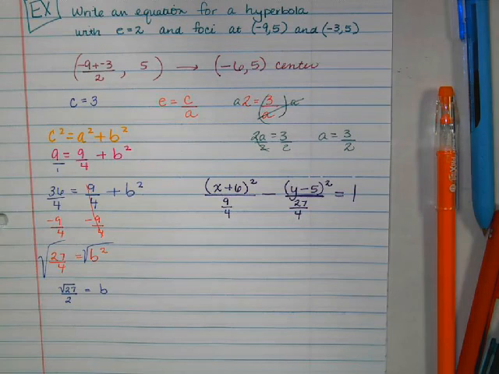Now, I did not like that. You can't leave it like that because those are compound fractions, a fraction within a fraction. No good. But it's super easy because the little fractions on the bottom have the same denominator. So I just need to clear that denominator. How do you clear a denominator? Multiply. So we're just going to multiply by 4.